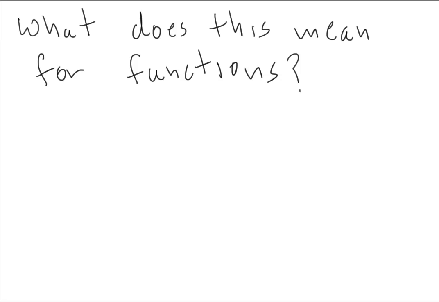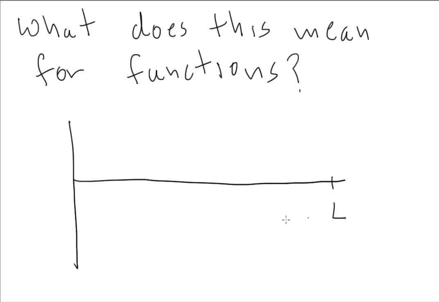So let's draw some axes here. Let's say we're living on 0 to L and we have two functions. Our first function is going to be f of x, so f of x will be in red.